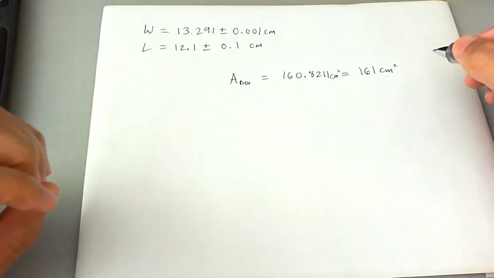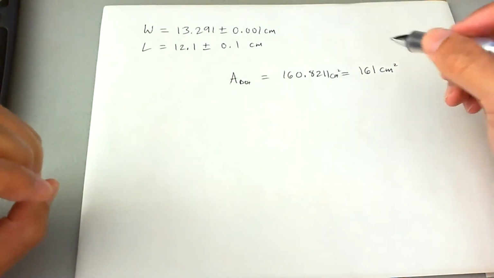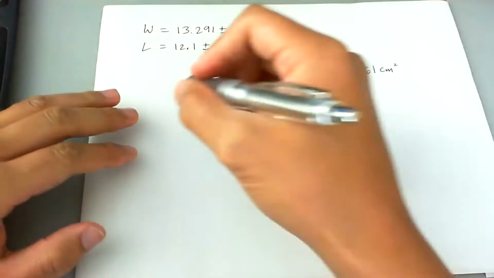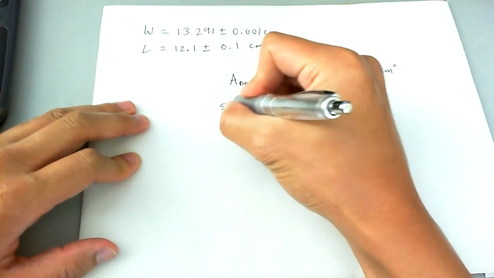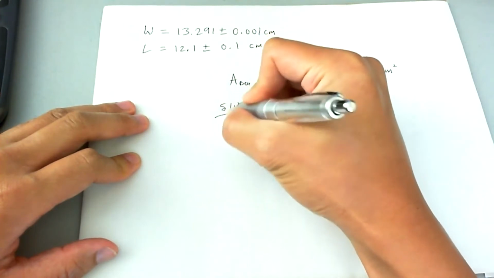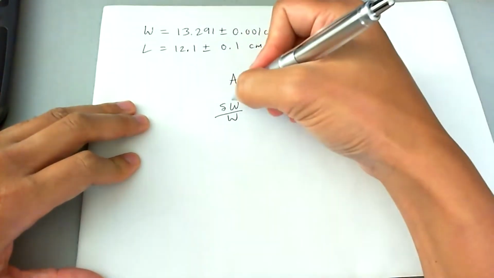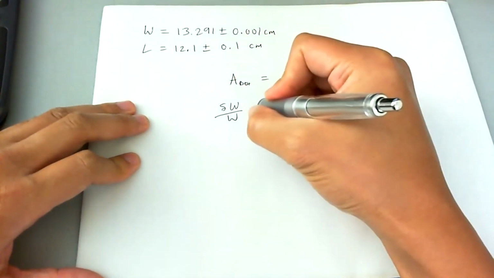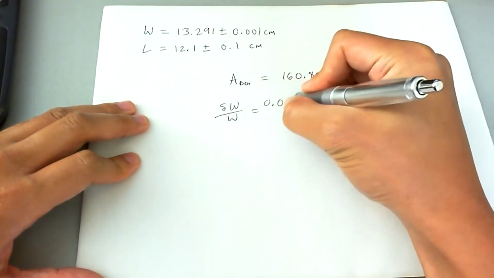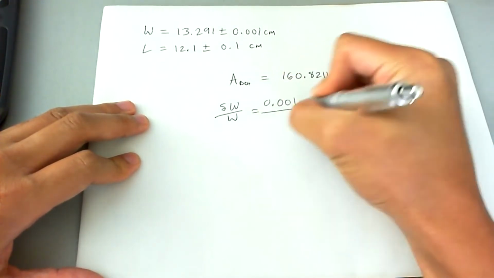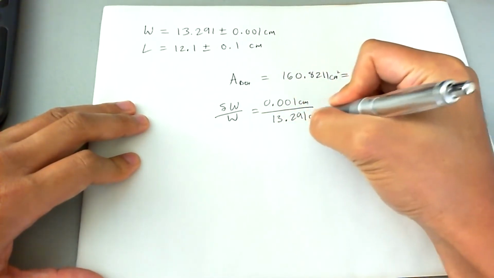The second part is finding the uncertainty. The uncertainty propagation with multiplication is a little bit more complicated. First we define a relative uncertainty. Delta W over W is a relative uncertainty, so that value is 0.001 centimeters divided by 13.291 centimeters.